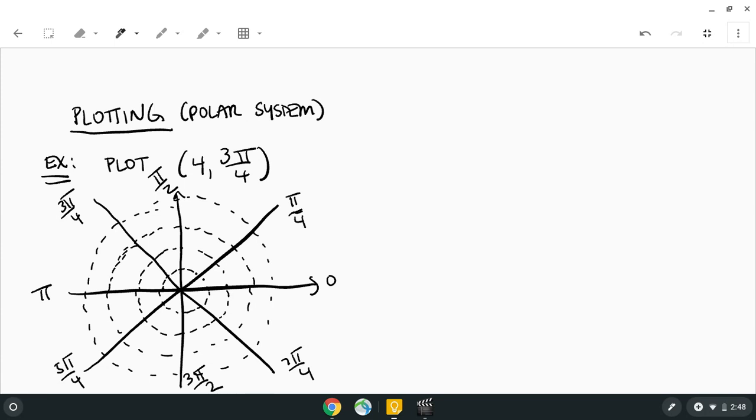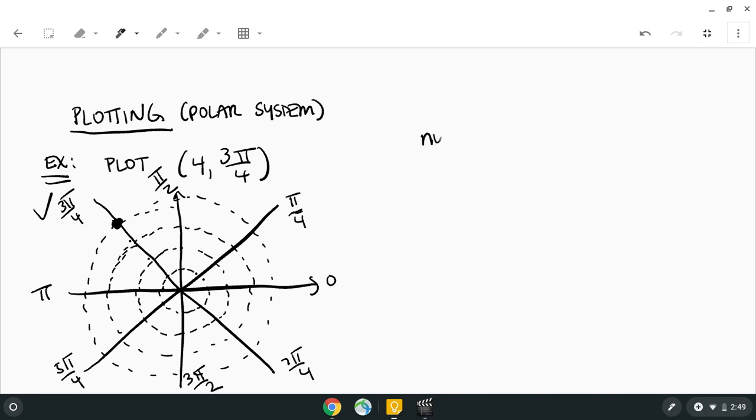Okay, so we're facing 3 pi over 4, which is right over here. And we need to march 4 forward. 1, 2, 3, 4. Okay, so that's where your point should be.